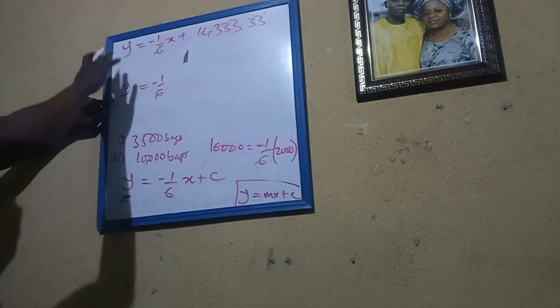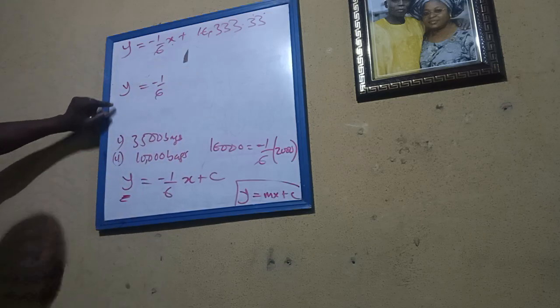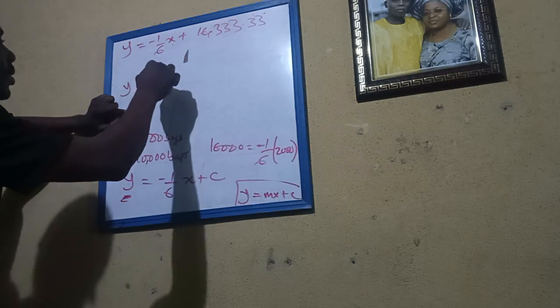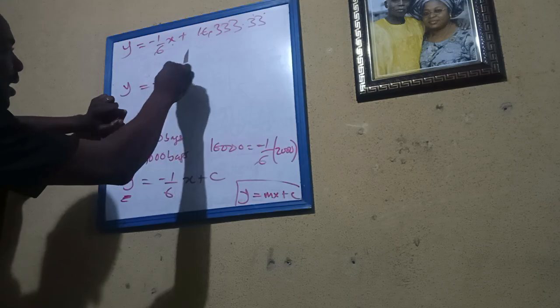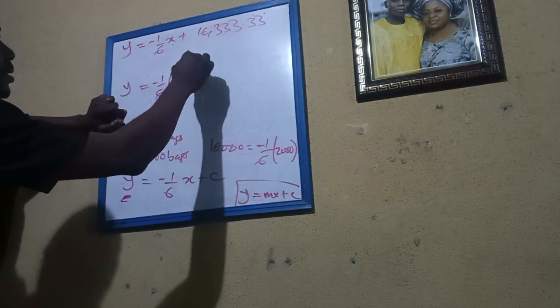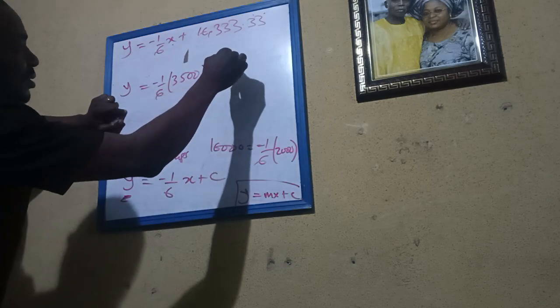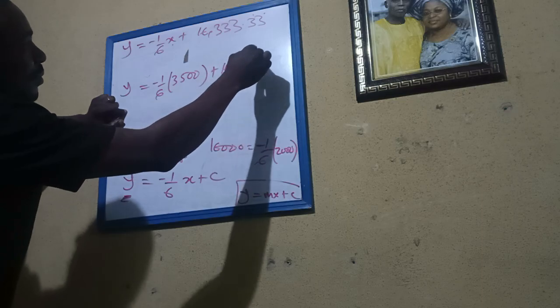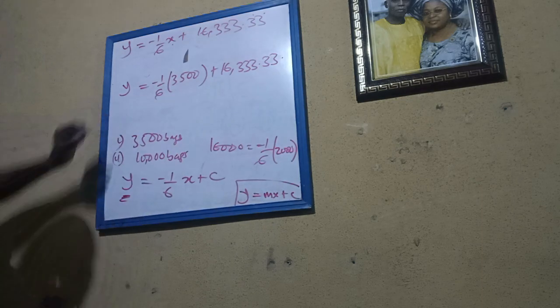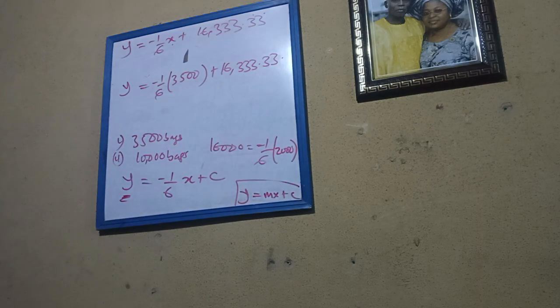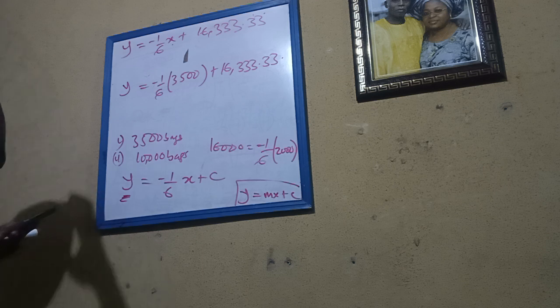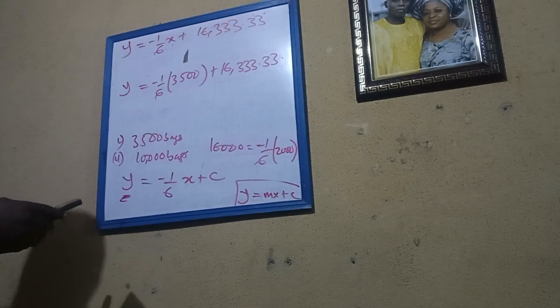I have to let y be price and x be quantity. Minus 1 over 6 into 3,005, plus 16,333.333.